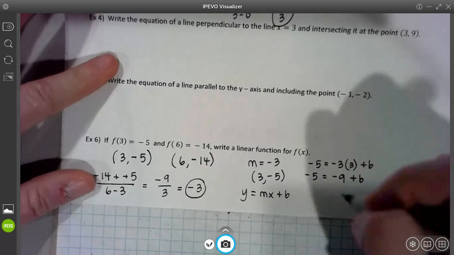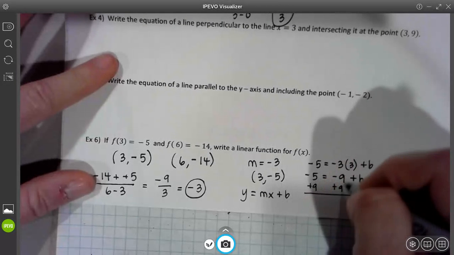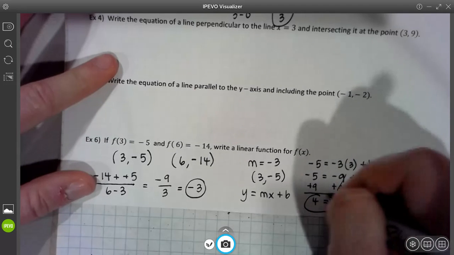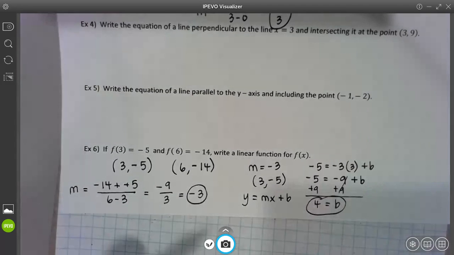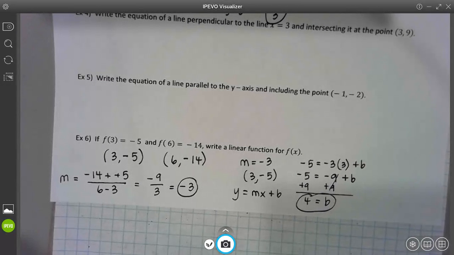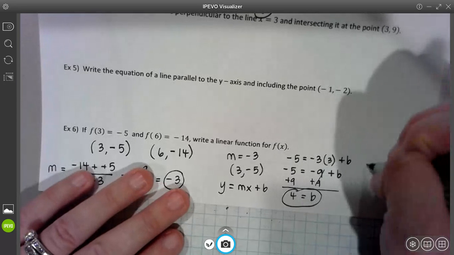Okay, all I'm going to have to do is add my 9 over. And according to what I found out, guys, I hope you would agree, my y-intercept is 4. And now I have a y-intercept, I have a slope, plug them in for m and b, and we got ourselves a linear equation.